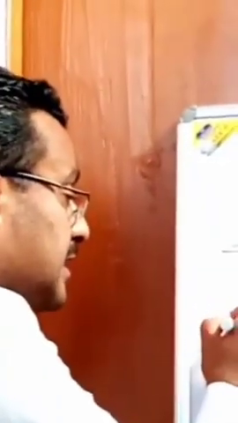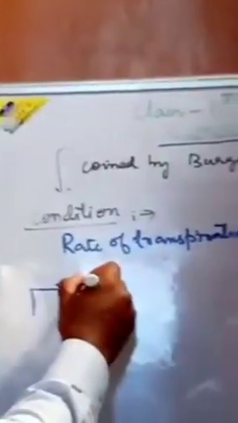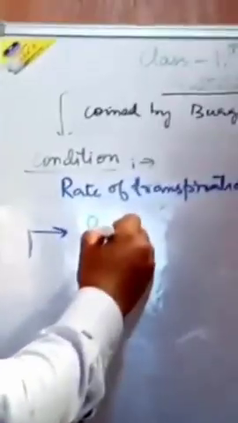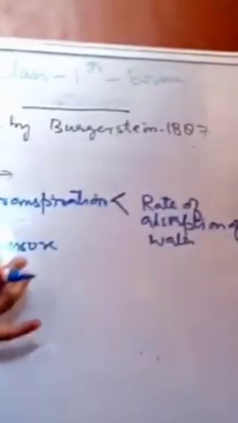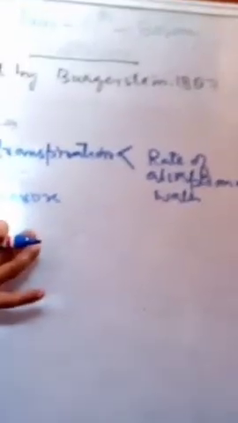Now for guttation a force is necessary, that is, a pressure develops, and that pressure which is responsible for guttation to take place is called the root pressure. It is because of this root pressure that upward movement of water takes place in herbaceous plants.